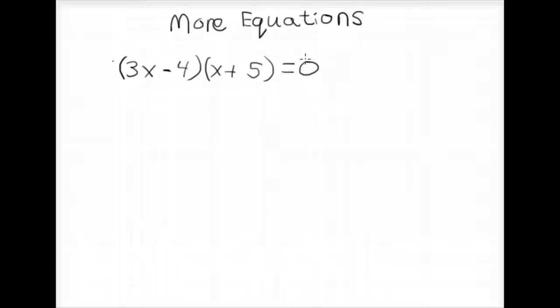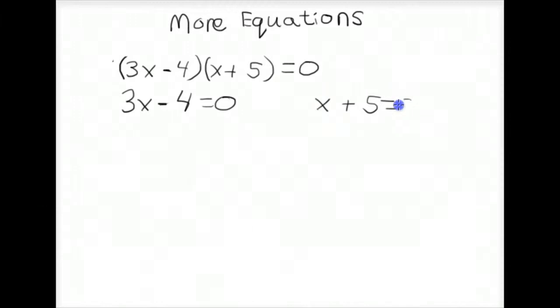For this to be true, one of these factors has to equal 0, or both of them could equal 0. So we can say that 3x minus 4 equals 0, or x plus 5 equals 0.